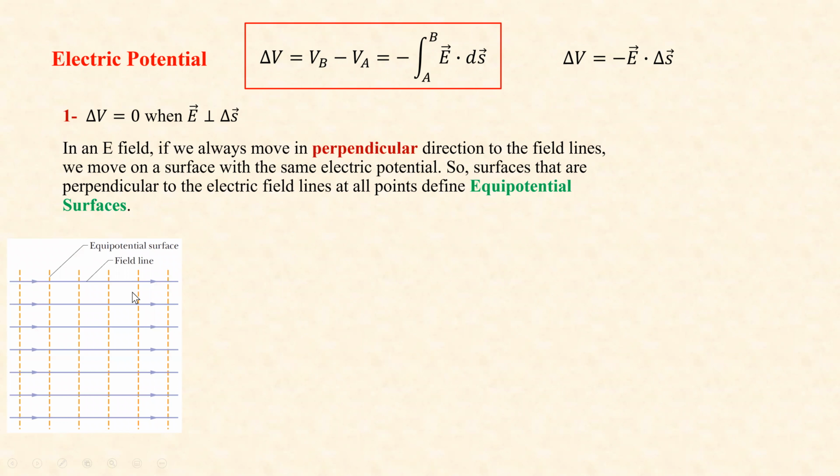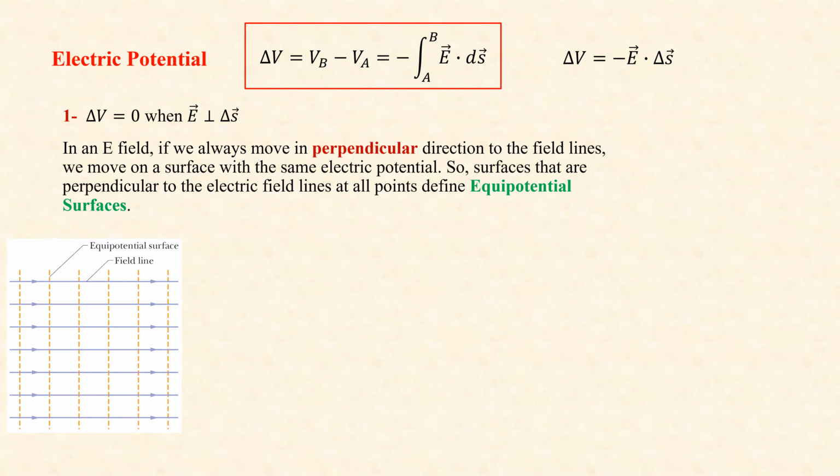All right. So if you always go perpendicular to the lines, you go on a surface that is called equipotential surface. For example, here is a simple case where the field lines are these purple lines. They are all parallel to each other. It's a uniform field. And at any point, if you go perpendicular, you move on a plane that's perpendicular to the field lines, you have a plane of equal potentials. So these are called equipotential surfaces, which in this case is flat surface, each one, and because the field is uniform.